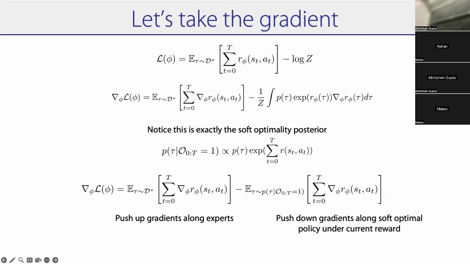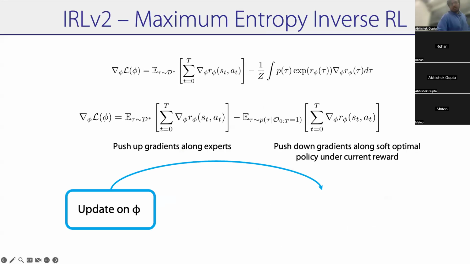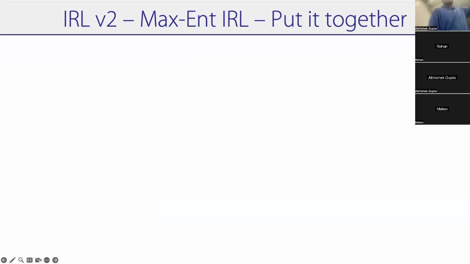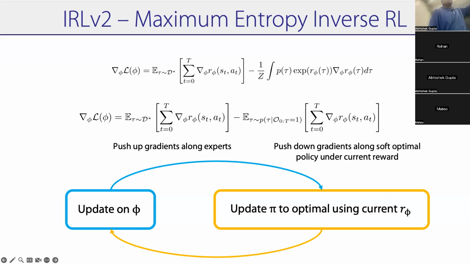The next time we'll find a different reward function and a different optimal policy, and we'll push that down. So the algorithm updates phi using the objective above, then finds an optimal policy to solve the second part of the equation, gets a new update on phi, resolves the optimal policy, and repeats.